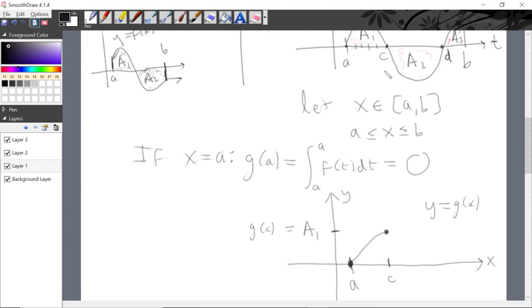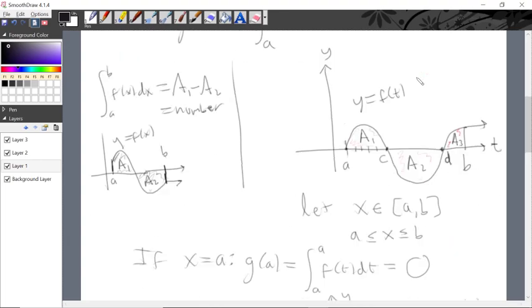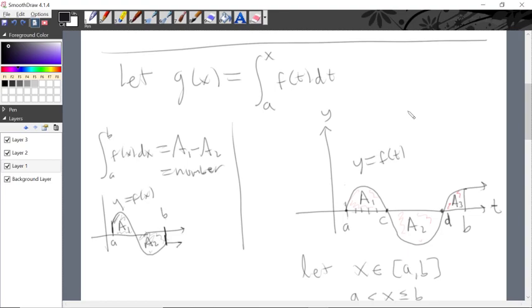Now what happens as we continue past c, but don't quite get to d? Like we showed already, if we chose the value of x like right here, then the value of the integral for that value of x would be all of a1 minus a portion of a2 that is going to get subtracted from it. Now I have that a2 looks like it's larger than a1 here, so that might result in a negative quantity, for instance. Okay, let's choose some values for these.